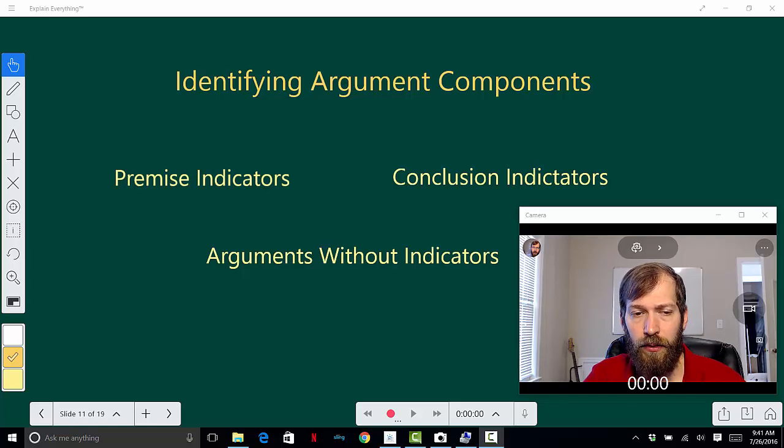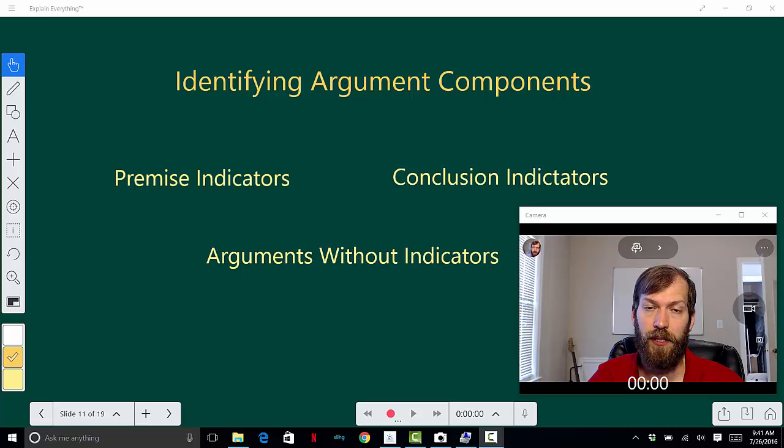We'll take a look at premise indicators and conclusion indicators, but it will turn out that there are arguments that don't include these indicators at all, and we'll talk about what we can do to help us identify the premises versus the conclusions.